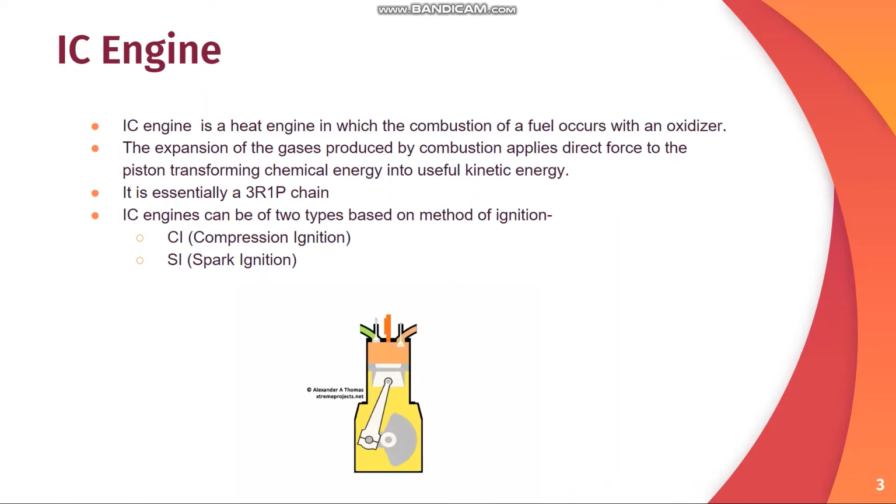Based on the method of ignition, the IC engine can be classified into two types: the combustion ignition engine and the spark ignition engine. In the combustion ignition engine, the air fuel mixture is compressed to such an extent that it ignites itself, while in the spark ignition engine, an external spark plug is provided that ignites the air fuel mixture.